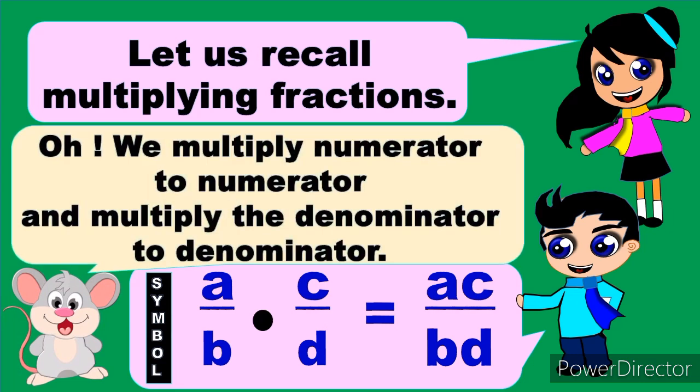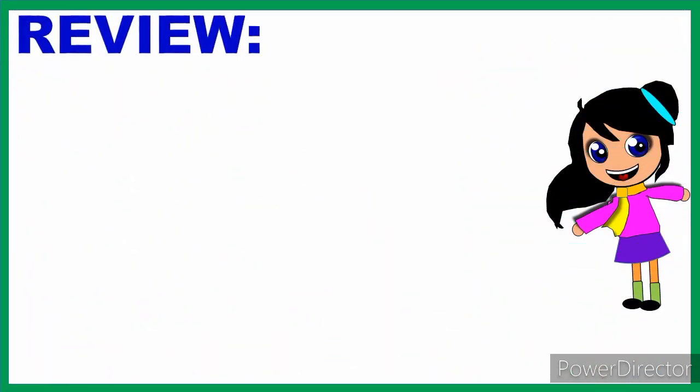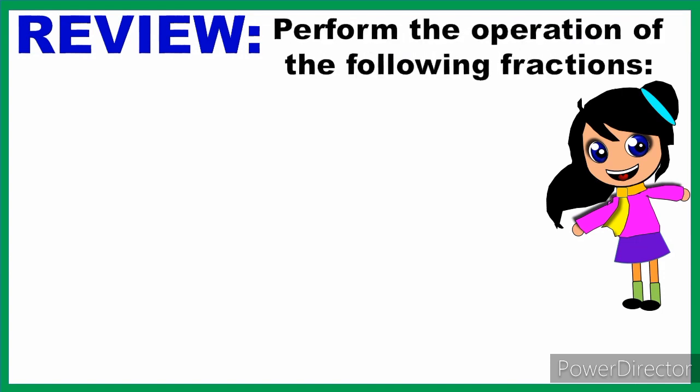Or we multiply the numerator to numerator, and we also multiply the denominator to denominator. So that is how to multiply fractions. And we're going to apply this in multiplying rational algebraic expressions. Okay, we have some examples in multiplying fractions.